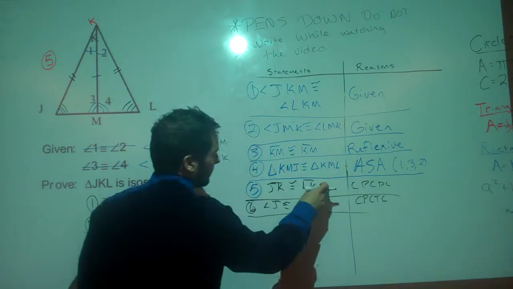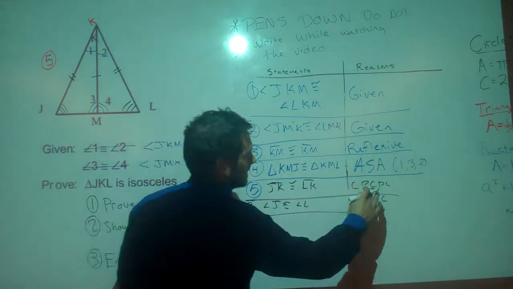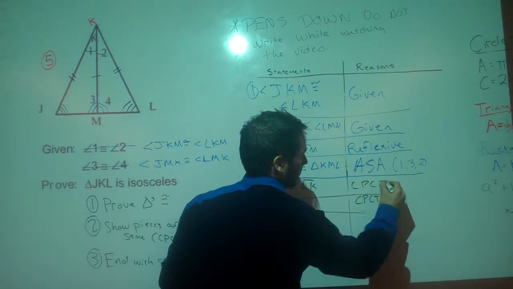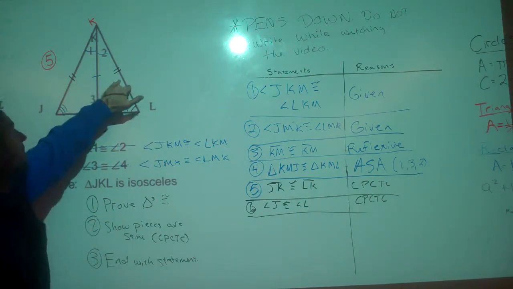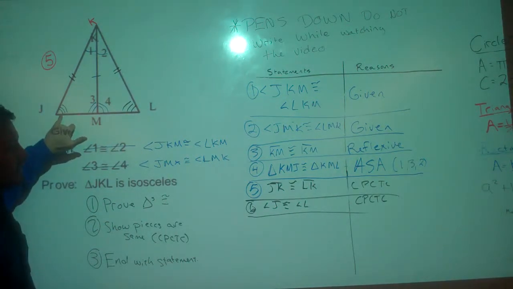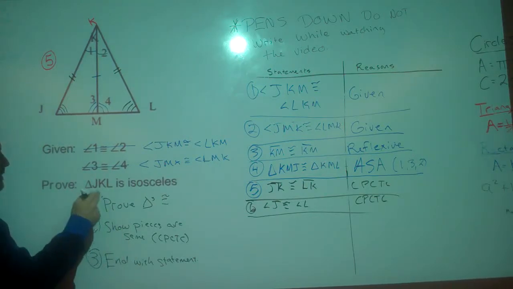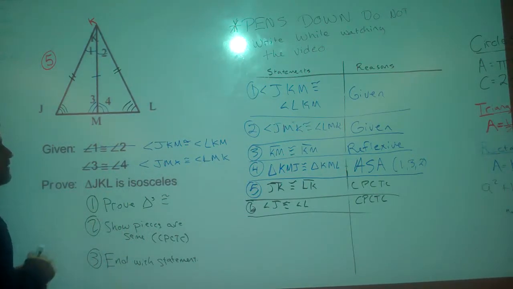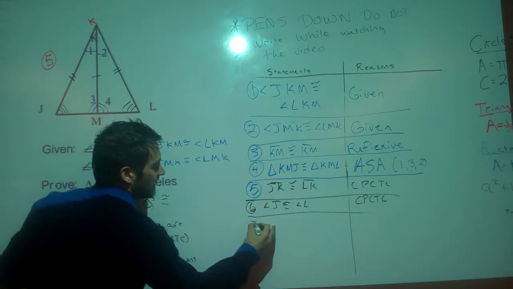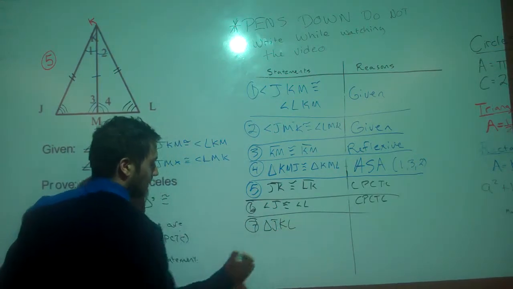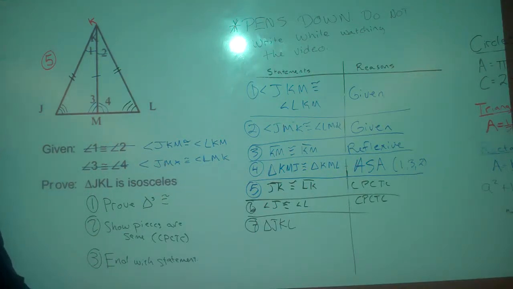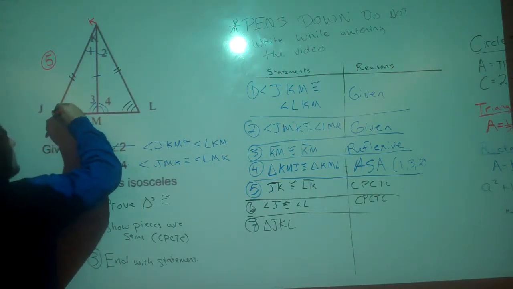because I've shown that the pieces are the same for a different reason, because I've shown that these pieces are the same by CPCTC, now I can end with my statement that the triangle is isosceles. This is going to be the definition of isosceles, which just means that it has two sides that are the same and two angles that are the same.